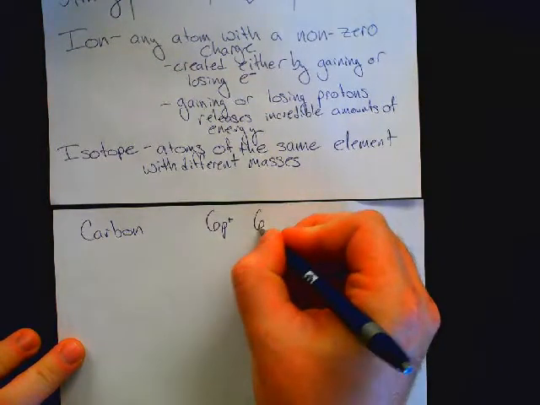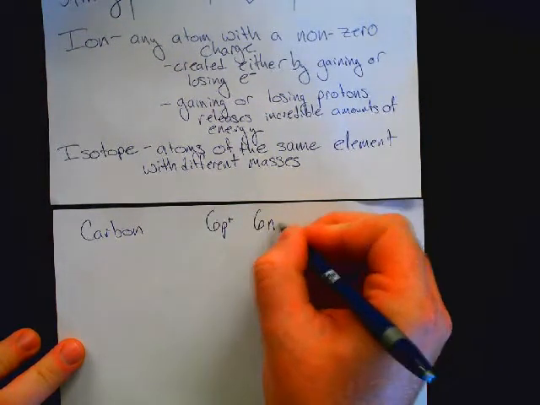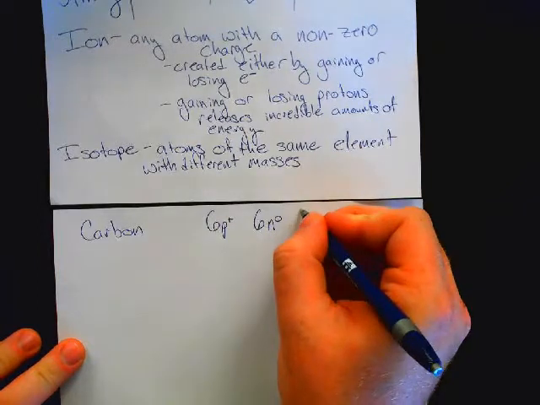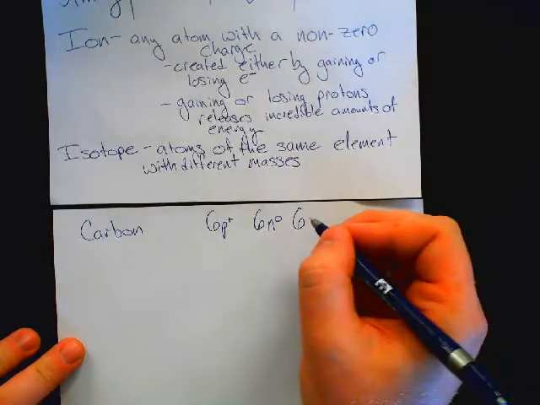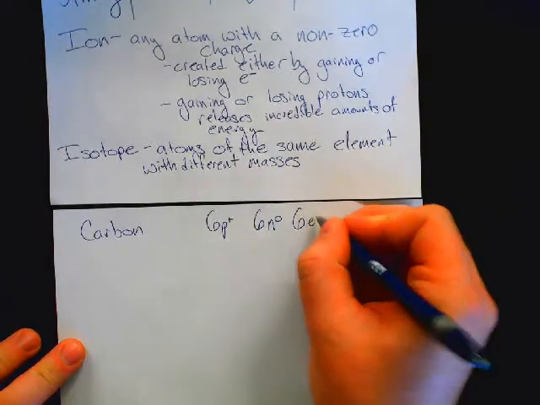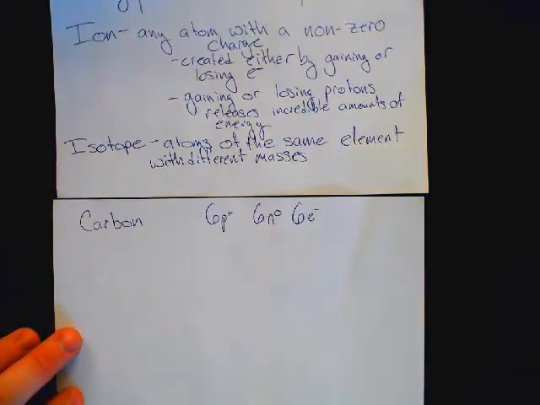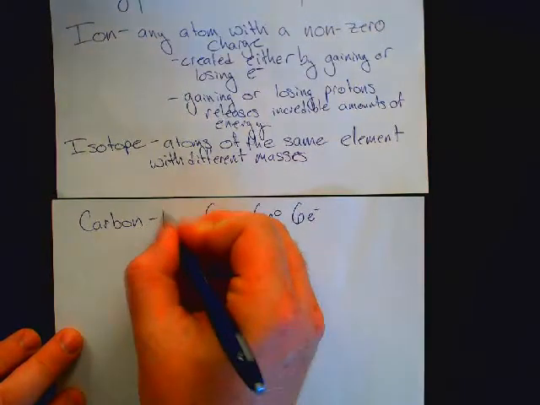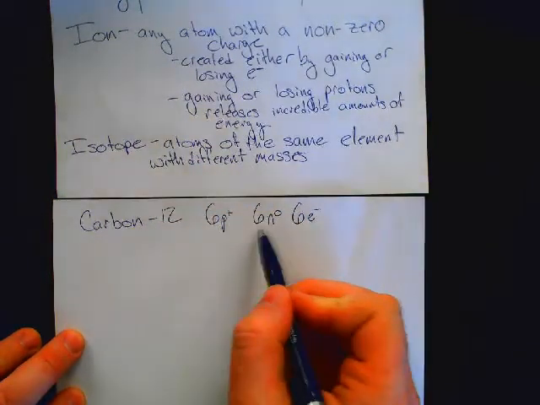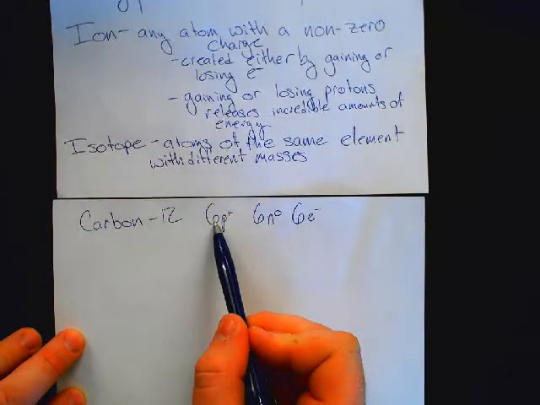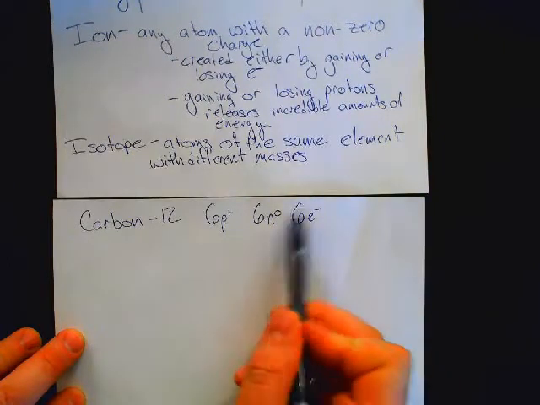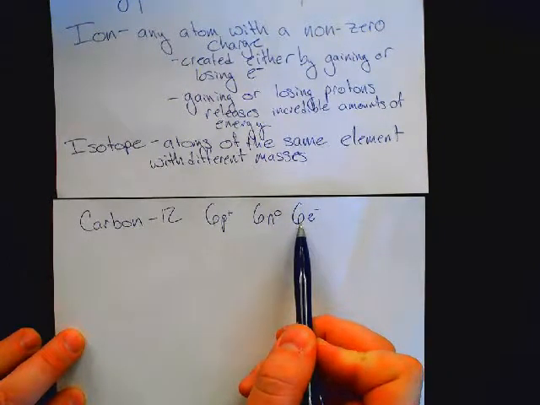It also normally has 6 neutrons, and therefore for a neutral atom would have 6 electrons. And we would say that the mass of this carbon isotope is 12, so we'd call this carbon 12, because it has 6 protons and 6 neutrons. Well, that's 6 here, 6 there, that's 12, and these guys basically have no mass, so we don't count them. Good?